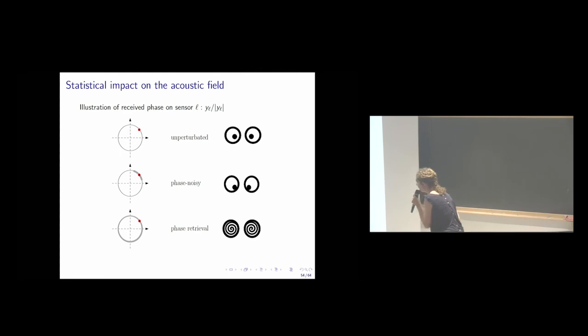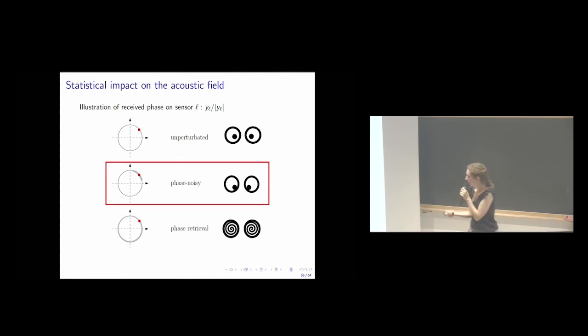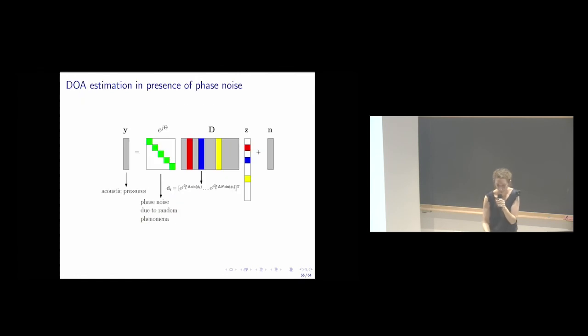Okay, so this is where we were actually 5 minutes ago, and this is now what we are going to consider, the phase noisy case. Again, this is the model you know by heart now. This is the observation. Here, this is the acoustic pressure I have. Here, I will get the phase noise on each particular sensor of my antenna.